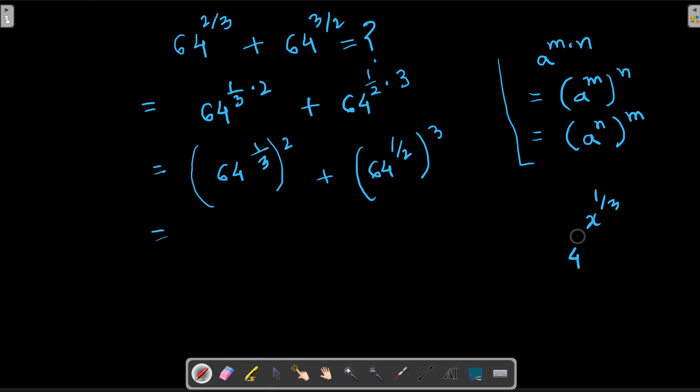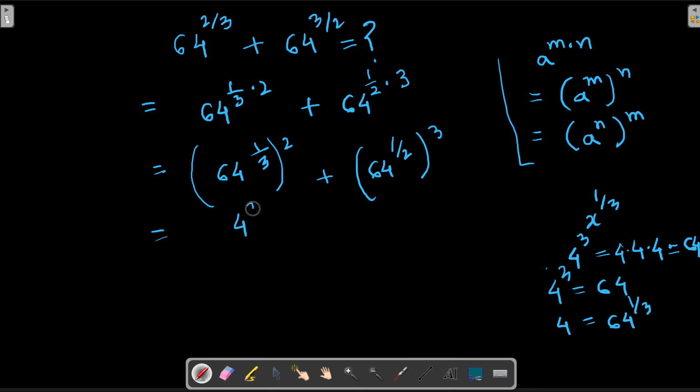Actually 4 cube, if you calculate 4 into 4 into 4, will give 64, okay? So then basically 4 cube is 64, then 4 equals, if 3 goes this side, 64 whole power 1 by 3. So this 3 is going that side, so it becomes 1 by 3. So 64 to the power 1 by 3 is 4, okay? Because 4 cube is just 64, so 64 power 1 by 3 is just 4, okay?